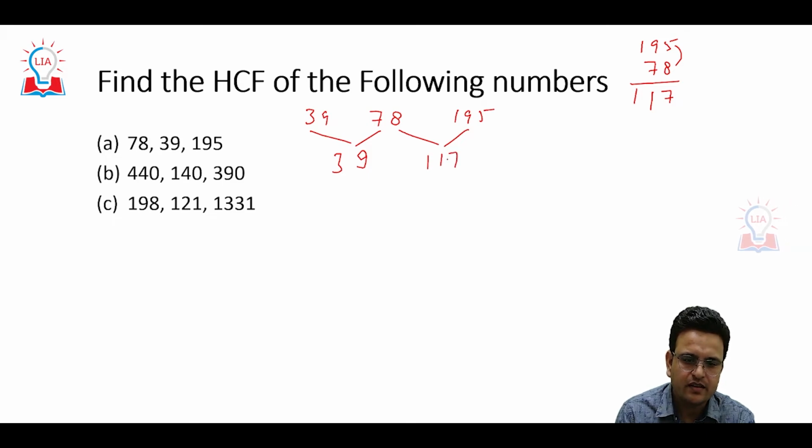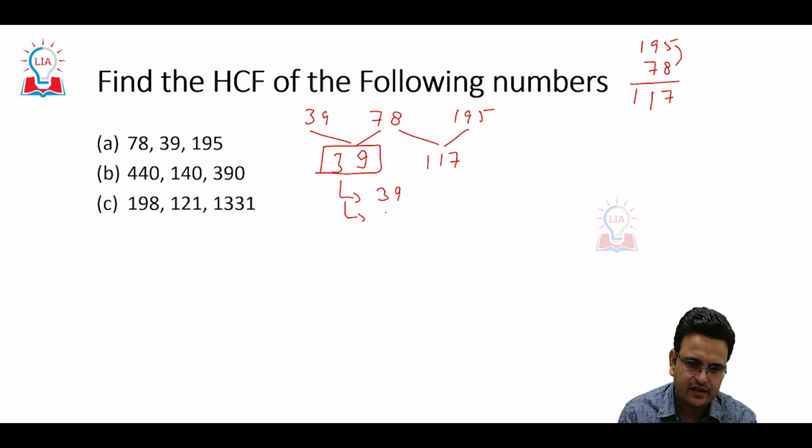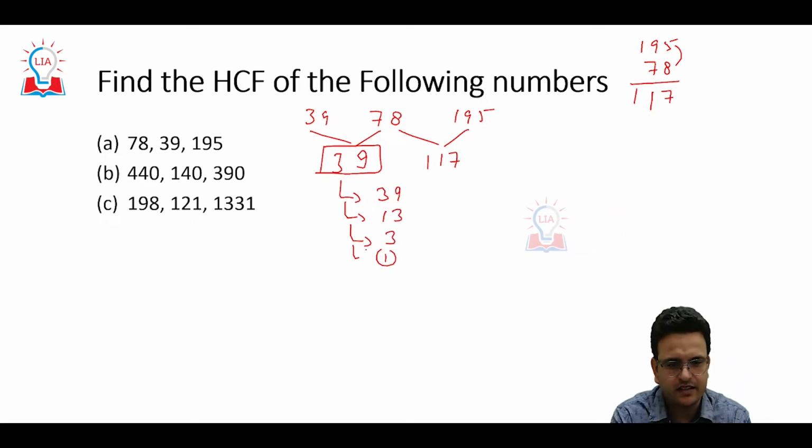As I told, take the least number. The least number is 39. Take the factors of 39: 39 itself, then 13, then 3, and 1 we can exclude.